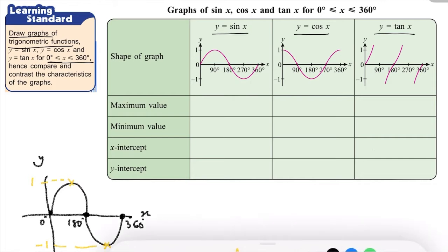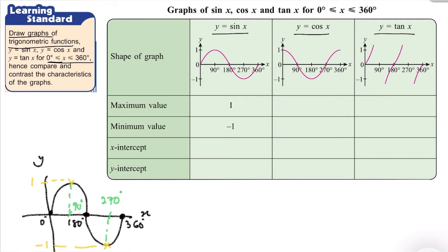So the next thing you should know is my maximum value is at 90 degree and my minimum value is at 270 degree. So let's fill in the blank here. So our maximum value, yes, it is 1. And then my minimum value is the lowest peak is here.